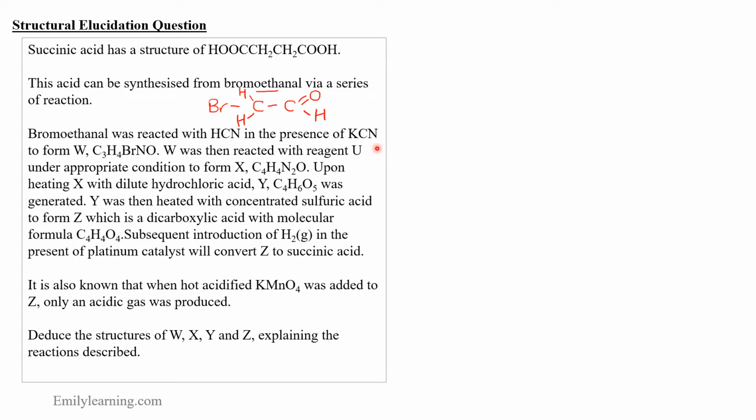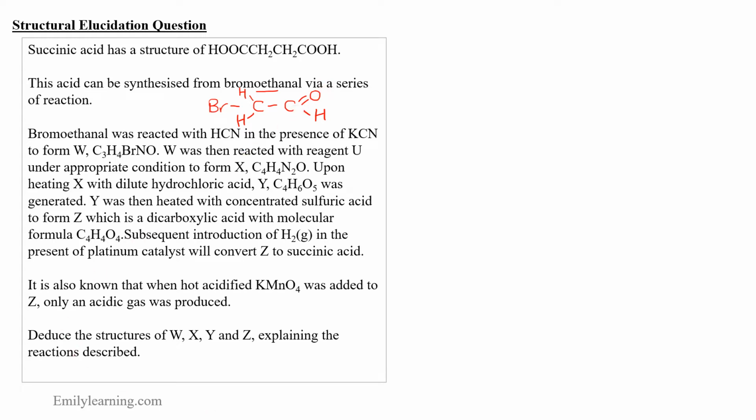So this HCN in the presence of KCN is going to react with the aldehyde group, and this C double bond O group will become CN and an OH. So CN will be added here and H will be added here.